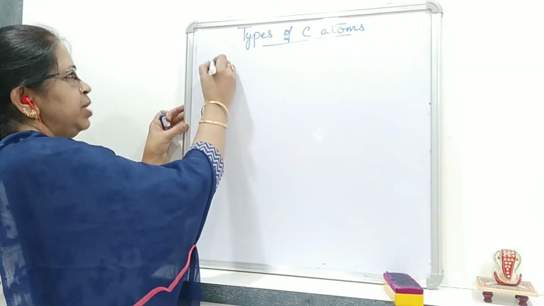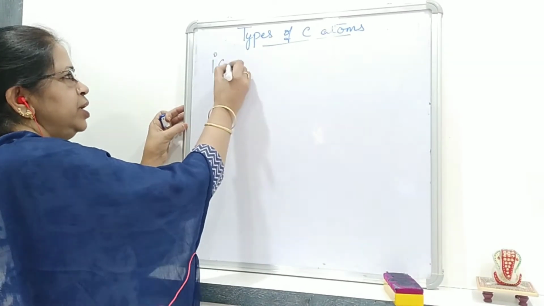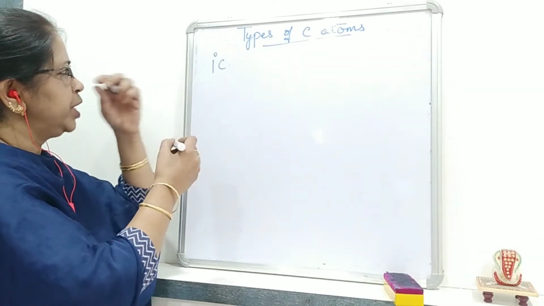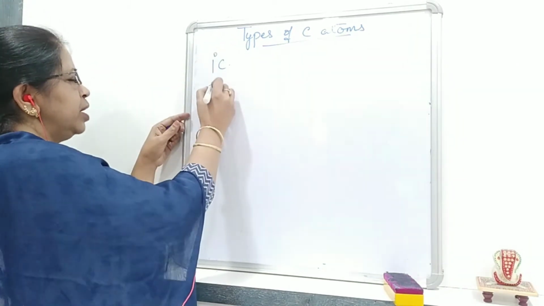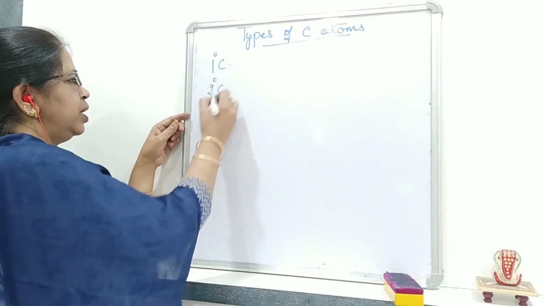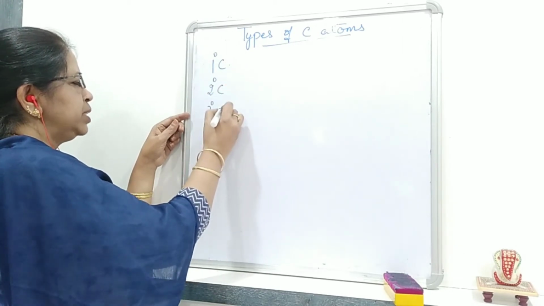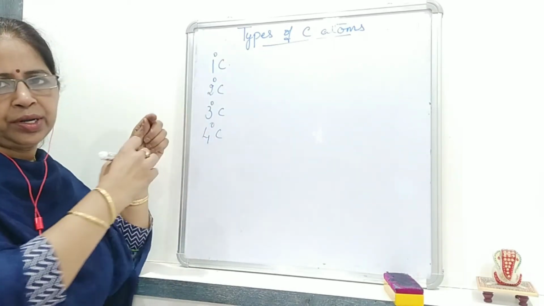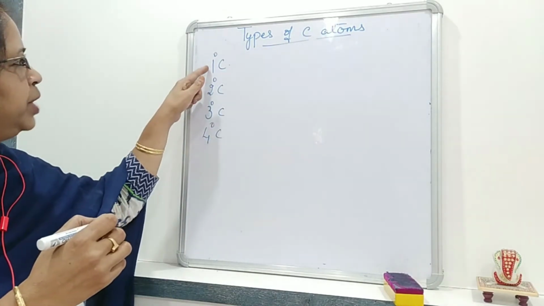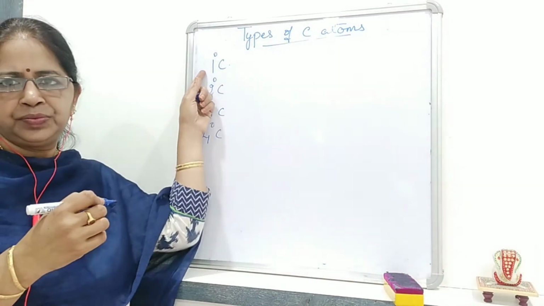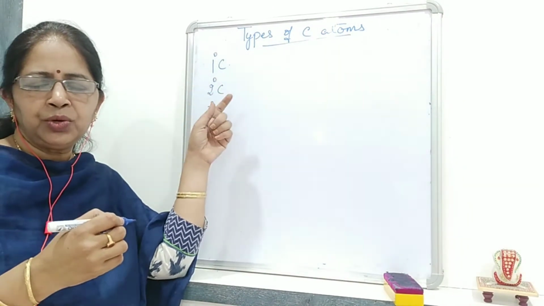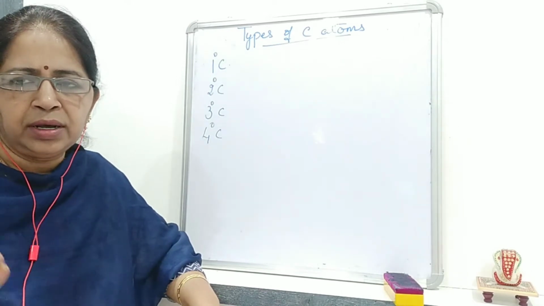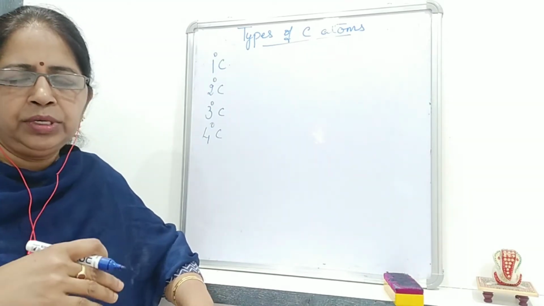A primary carbon atom is denoted by 1 naught, secondary carbon is denoted by 2 naught, tertiary carbon is denoted by 3 naught and quaternary carbon is denoted by 4 naught. A primary carbon is the one which is attached to only one other carbon atom on the right or left or up or down.